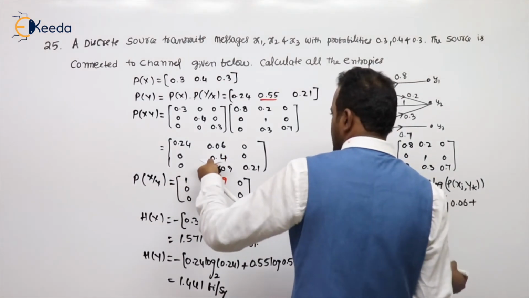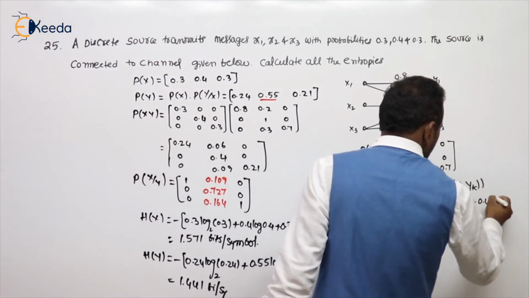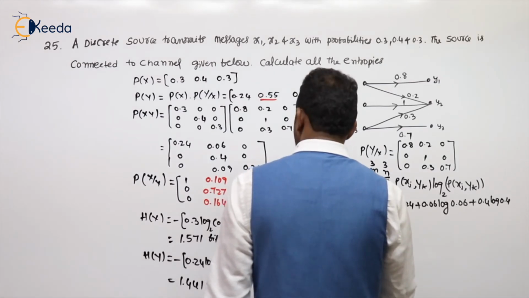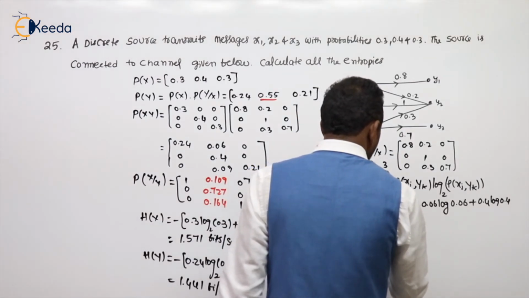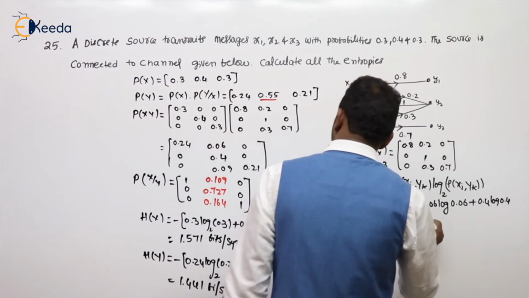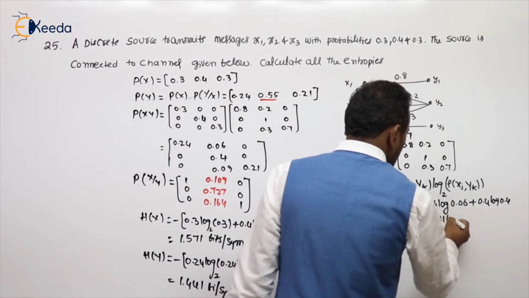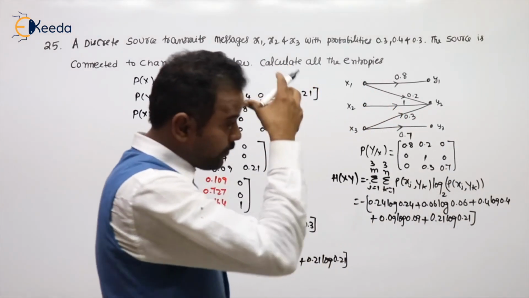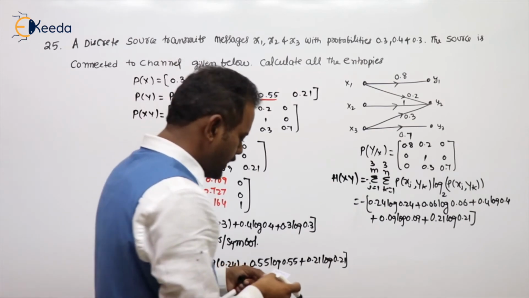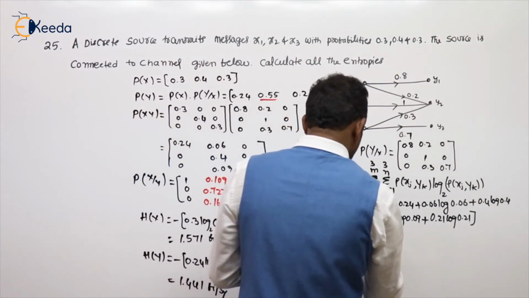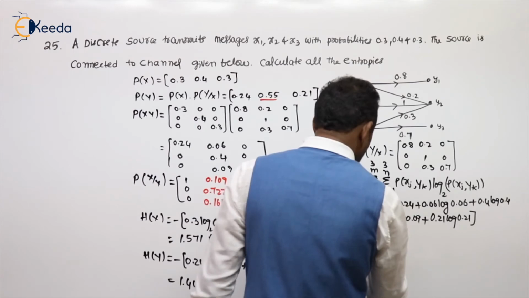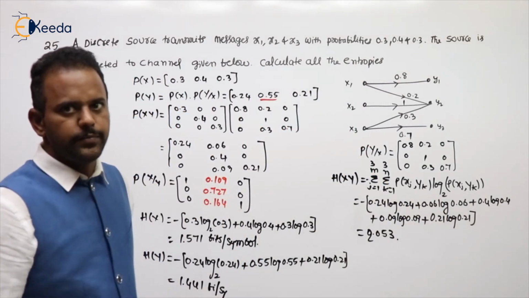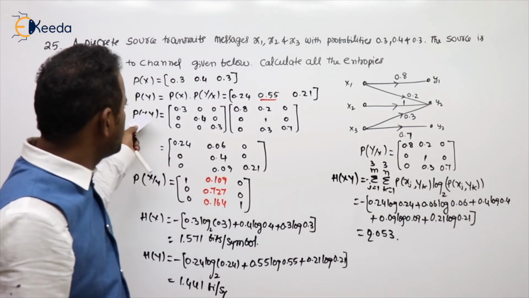Next, this is x2 y2, so 0.4 log 0.4, plus 0.09 log 0.09, plus 0.21 log 0.21. Calculate that, and for the joint entropy you will get 2.053.